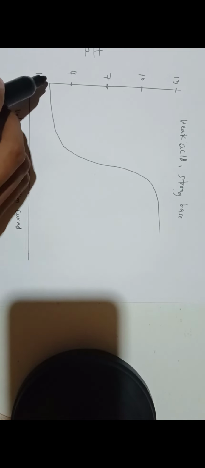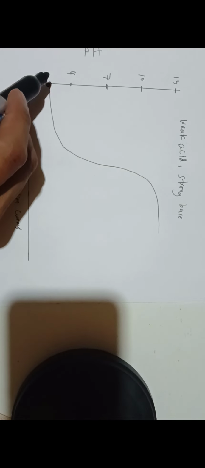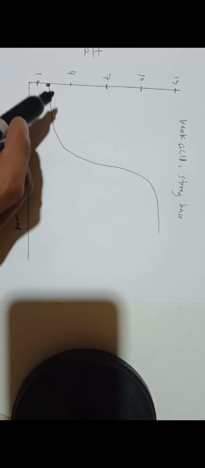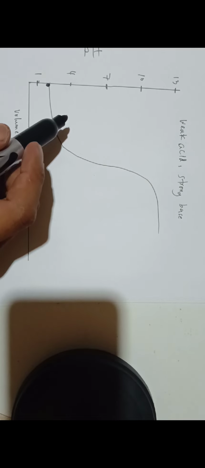So we've got the same general shape for a titration curve with a weak acid and a strong base, but notice that the pH isn't as low as before. In a weak acid and a strong base titration, because we're starting out with the weak acid, the pH isn't going as low.